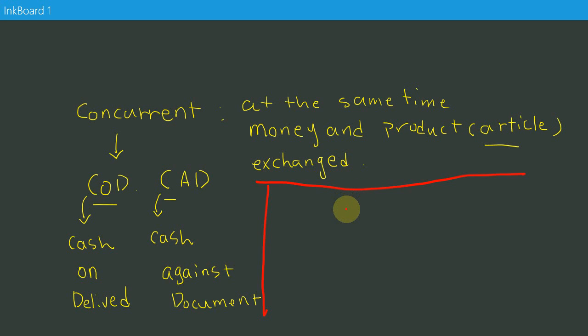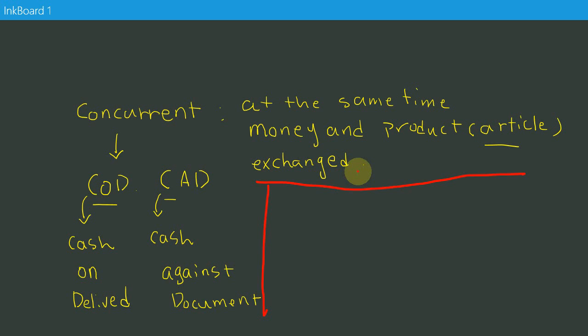This is prior to understanding. You have to recall that this is concurrent.